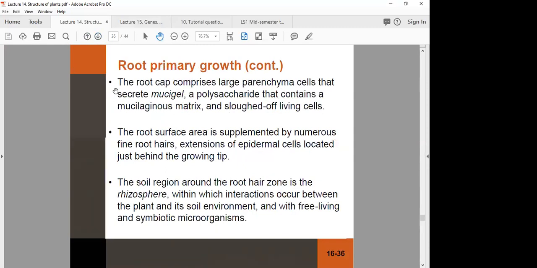The root cap comprises large parenchyma cells that secrete a gel-like substance called mucigel. This is a polysaccharide that contains a mucilaginous matrix and sloughed off living cells. So in other words, the root cap cells secrete that jelly-like substance, the mucigel.